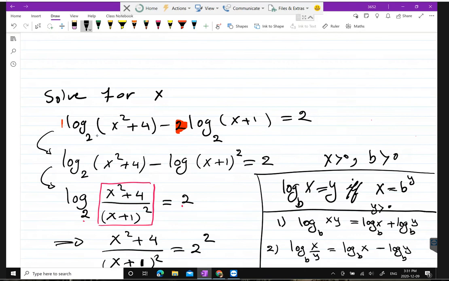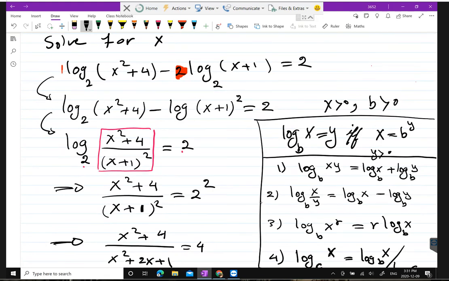For example, the logarithm of x squared plus 4 minus 2 times the logarithm of x plus 1, base 2, is equal to 2. I want to solve this one. Basically, as you can see, I cannot directly use the second formula here because the first term has coefficient 1, and the second one must have coefficient minus 1 if I want to use it.